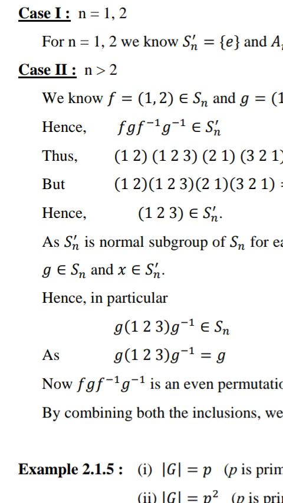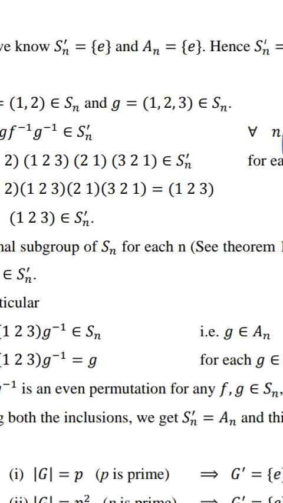Let f be the permutation (1 2) belongs to Sn and g be (1 2 3) belongs to Sn.